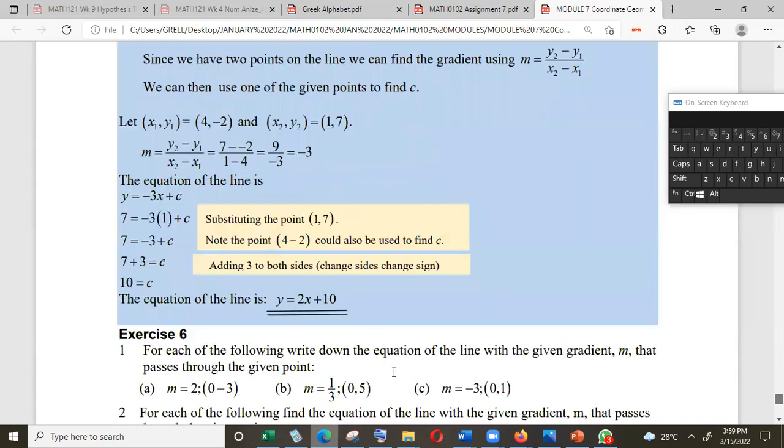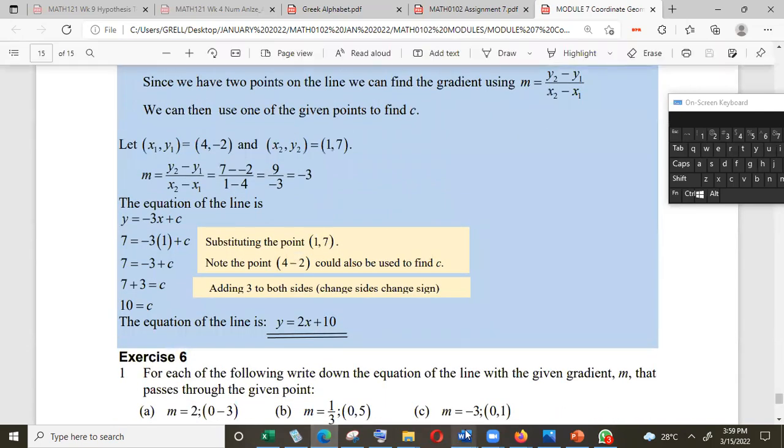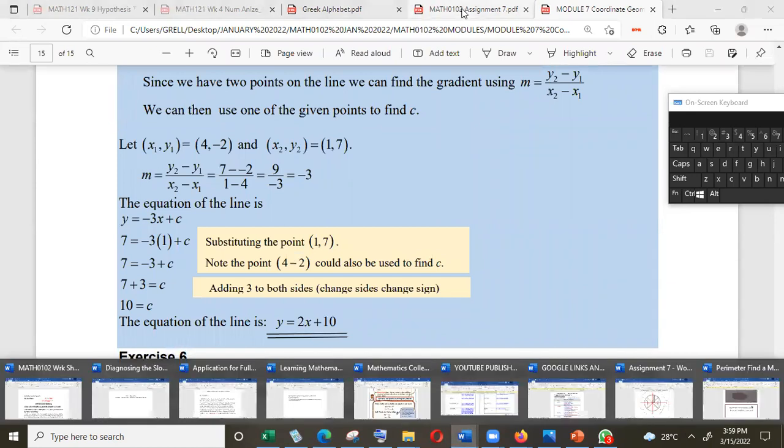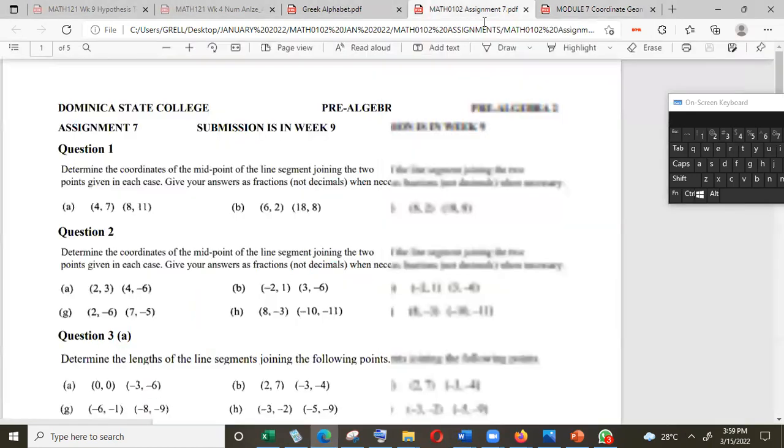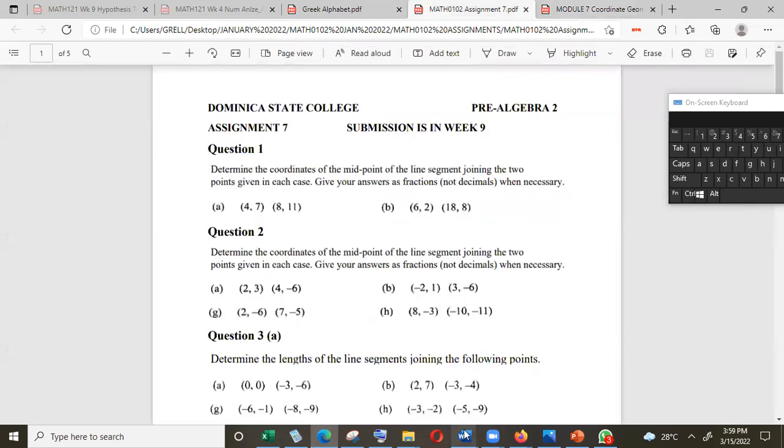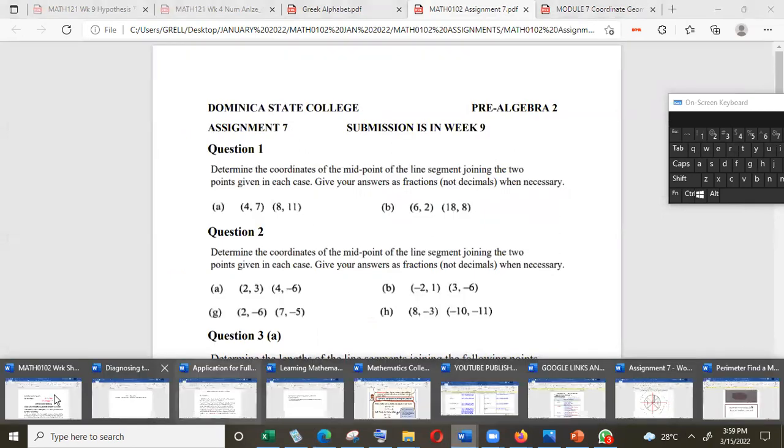All right. And we are going to do this through assignment 7, supported through worksheet 7.